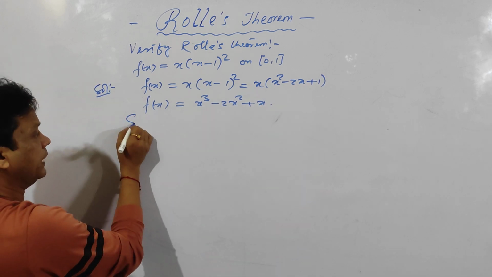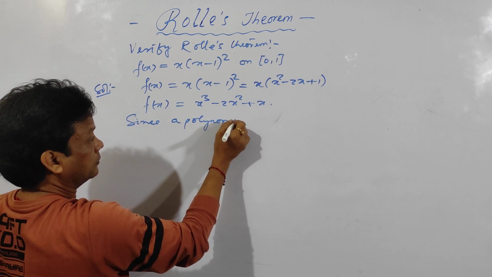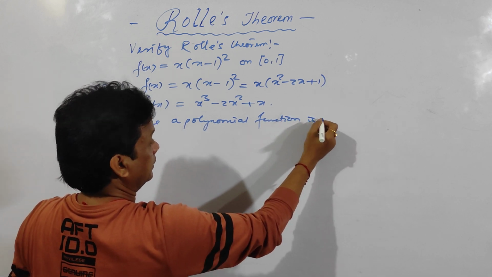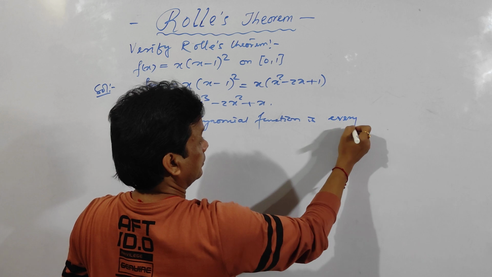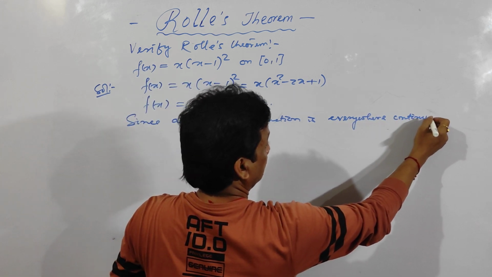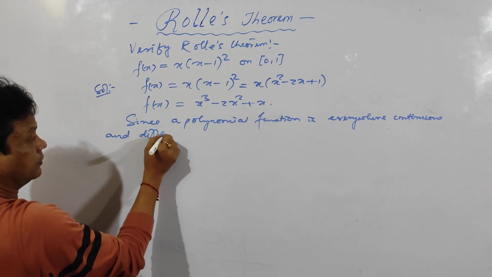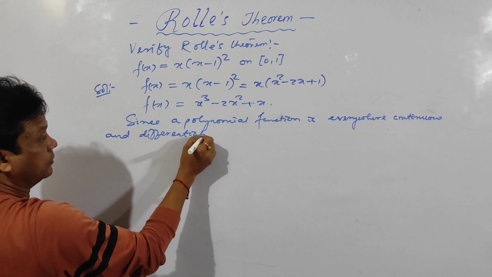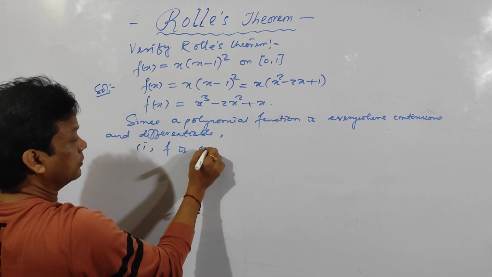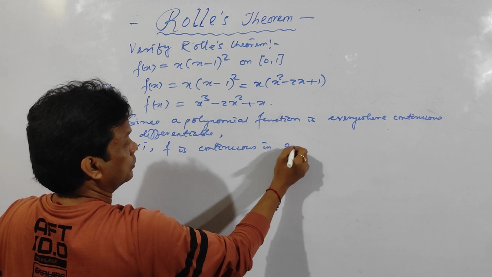Then you should write, since f is a polynomial function, it is everywhere continuous and differentiable, so f is continuous in the closed interval 0, 1.